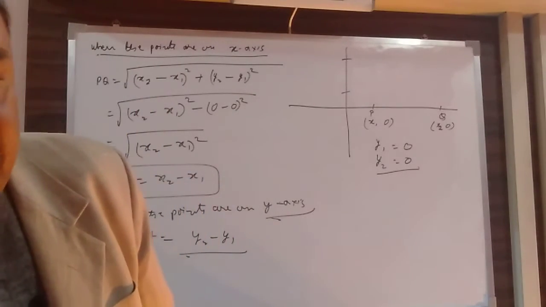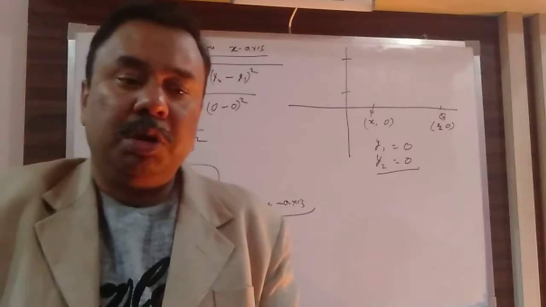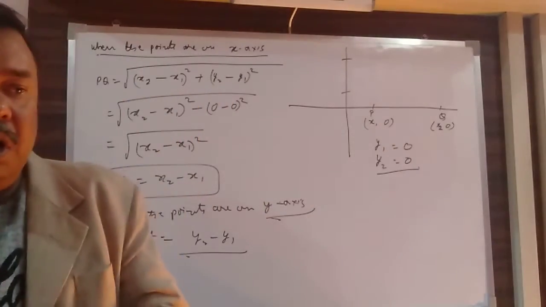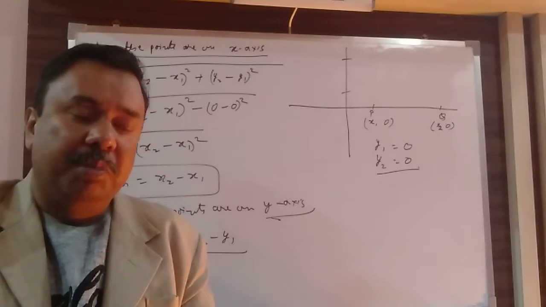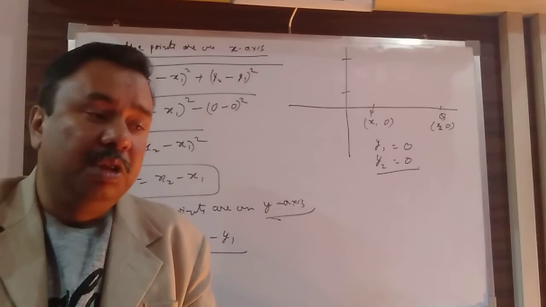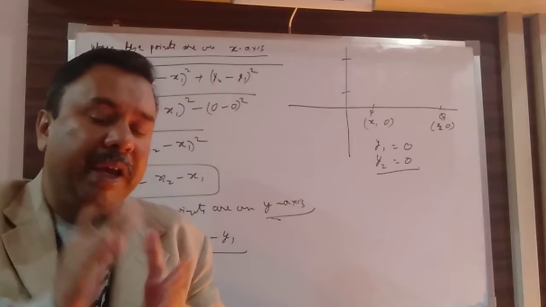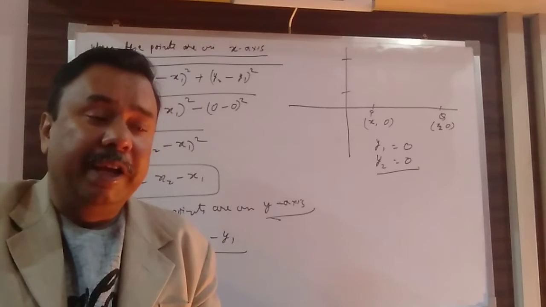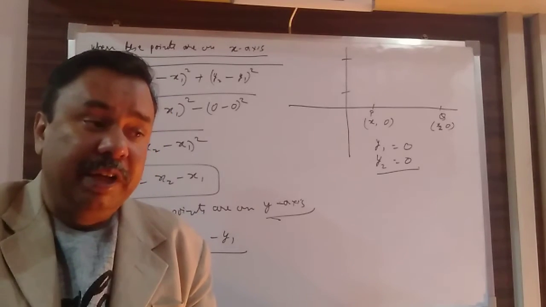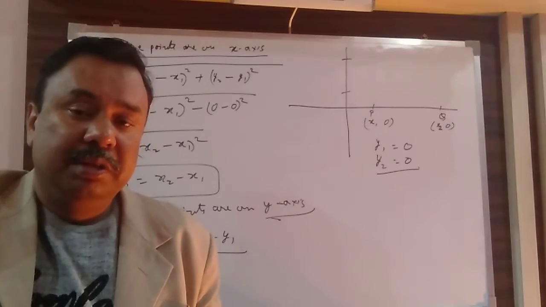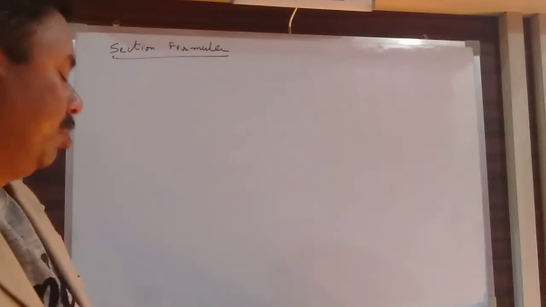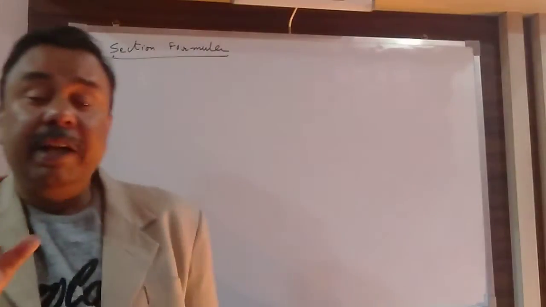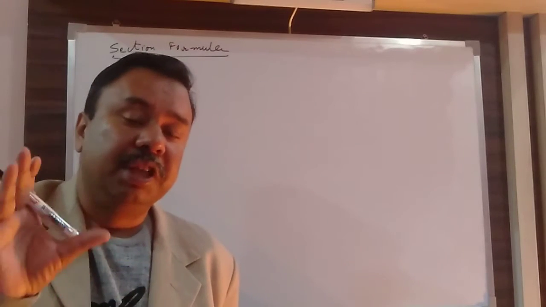Now I will be explaining how to divide a line, how to distribute a line. Okay, so that is the section formula. First I will explain what we mean by sectioning a line, or dividing a line in a given ratio. Sectioning means dividing a given line segment.